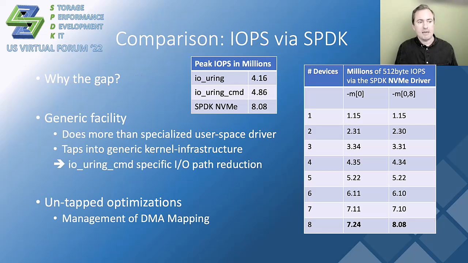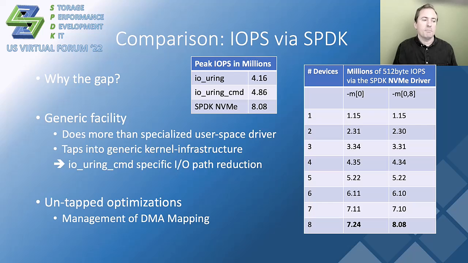So why this gap? The best thing we got with our uring command was 4.86 million IOPS. And some of that goes into that this is all a generic facility, so it will in most cases always do more work and have more code behind its implementation compared to a specialized user space driver.